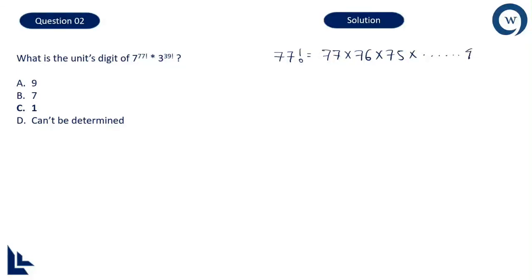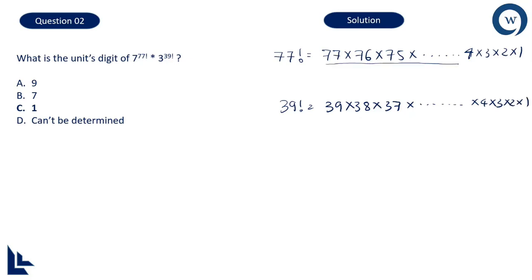Then 4 into 3 into 2 into 1. This can be written, right? And now 39 factorial can be written like 39 into 38 into 37, so on till 4 into 3 into 2 into 1. Now look at here, this number 77 factorial, tell me, is it divisible by 4?